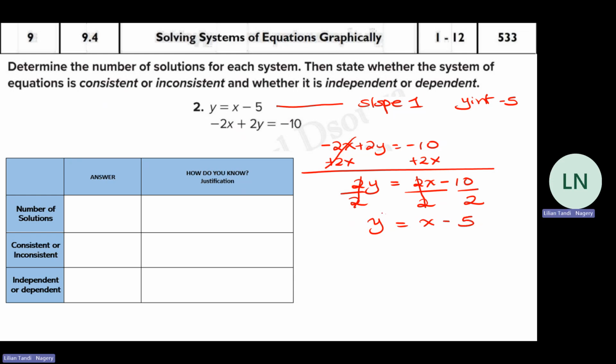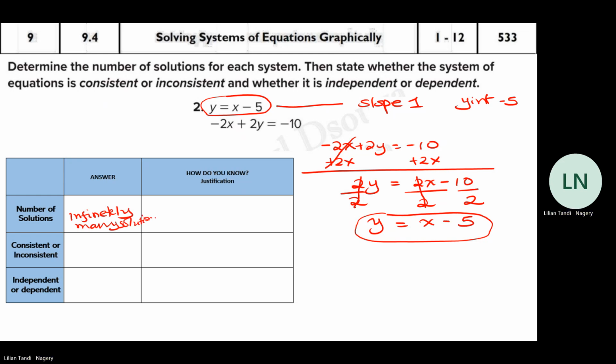Okay. Now what do you notice? This equation is the same as this equation. So here you would write infinitely many solutions. How do you know?